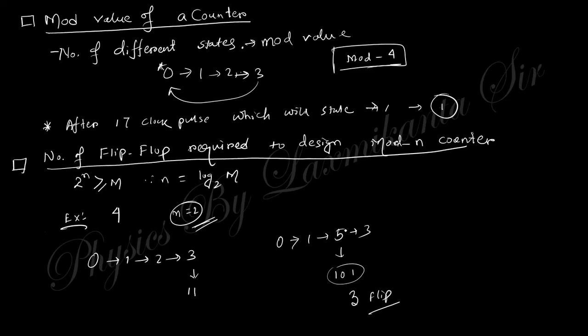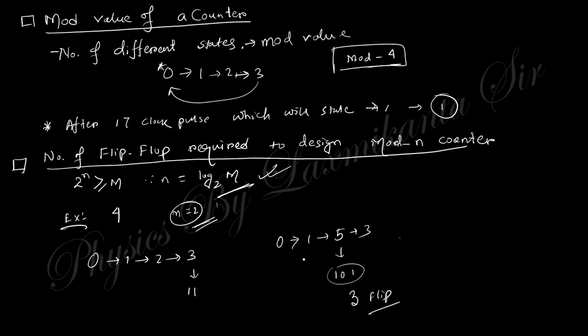If you have a state value, then you need to know this formula, and if there is any state where more flip-flops are required than this, then that will be the answer. Otherwise you can use this formula to get the number of flip-flops required for a mode n counter. So up to that point you understand the synchronous counter, the asynchronous counter, the mode value of a counter and the number of flip-flops required for this counter.